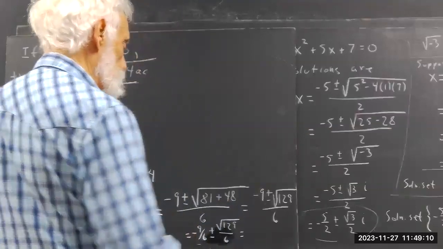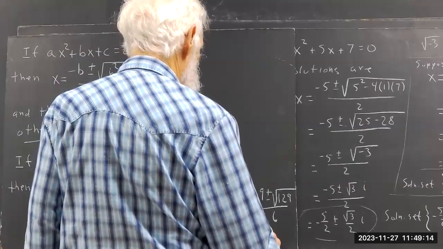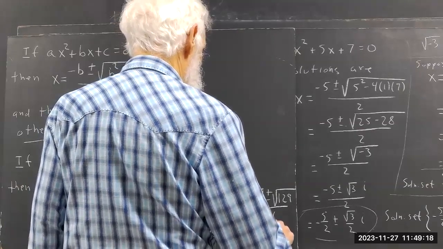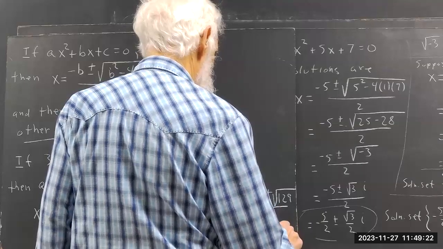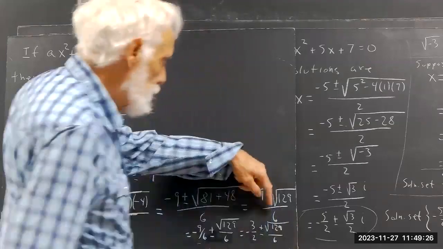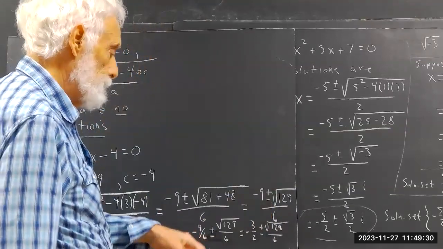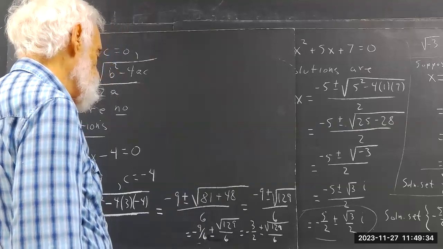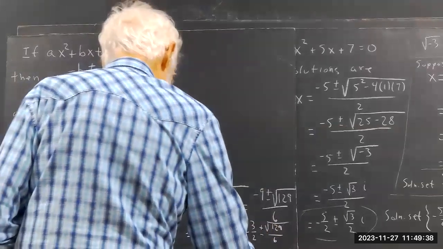That -9 over 6 reduces down to -3/2. And the 129 is also divided by 6, as it was here. So there it is. And now we can write the solution set.